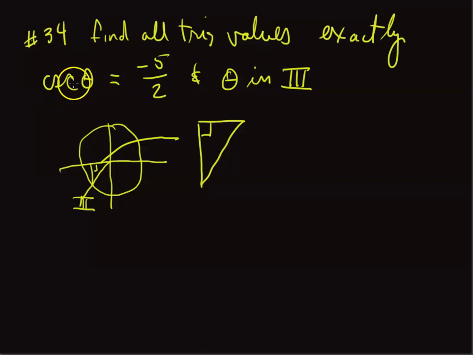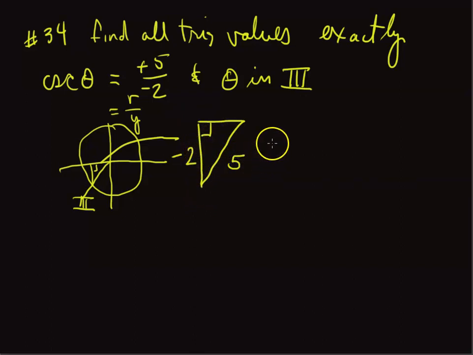The cosecant is r over y, so r is this negative 5? No, that negative goes with the denominator. So this is a positive 5 because r is always positive. The negative 2 goes with the y. Make sure you get the negatives and positives in the right place.